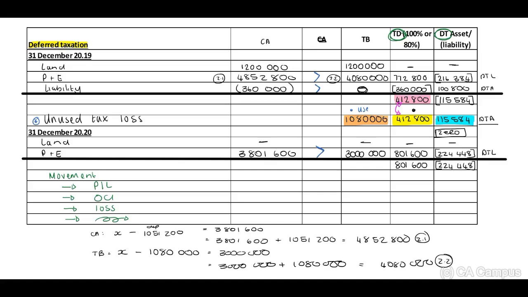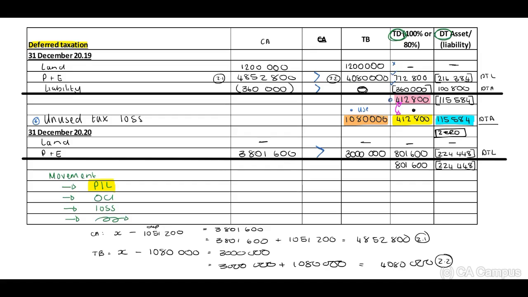But we now need to identify the movement in terms of our profit and loss. If we look at the land line item, this is 0, therefore not applicable. If we look at our property, plant and equipment, yes, profit and loss. If we look at liability, yes, profit and loss.